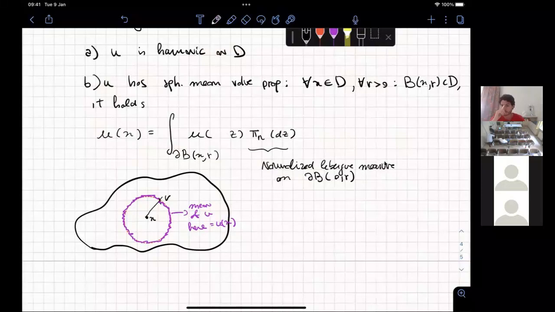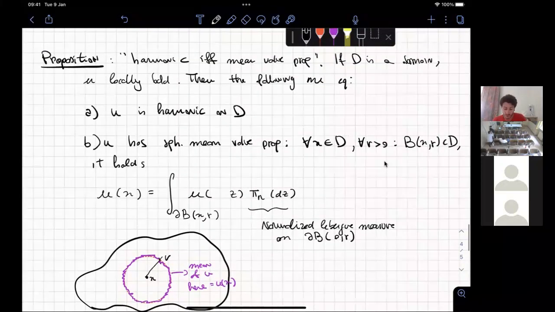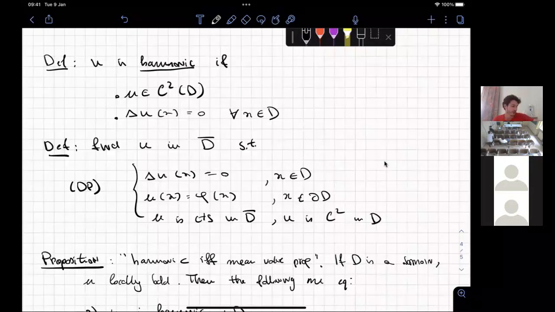So this is quite important. I won't prove that because I'm not a PDE guy, and if you're a PDE guy, you know this result. If you are not, just trust me because it's technical to prove and not so fun. And I think that this is all we need for harmonic stuff.